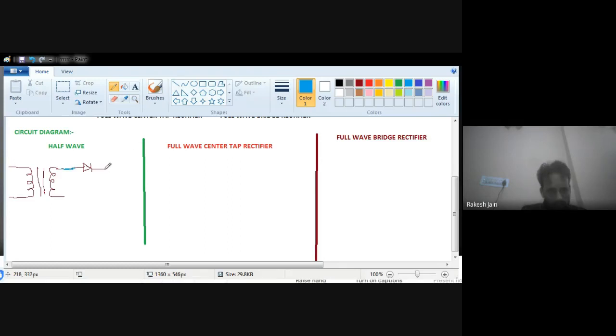And the cathode terminal is connected with a resistor, and we know the basic symbol of the resistor is like this one. So one terminal of the resistor is connected with the diode cathode, and another terminal of the resistor is connected with the transformer's second point. Okay, so this is a basic circuit diagram.